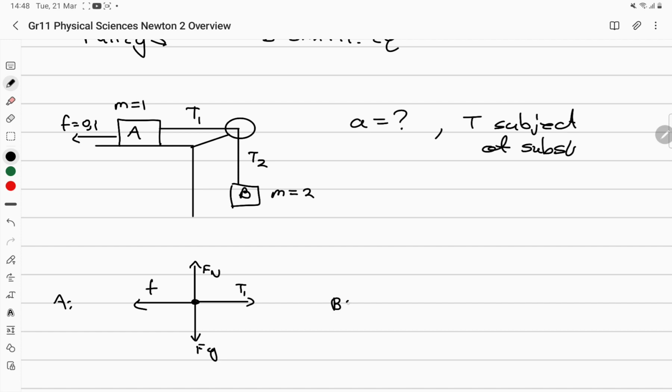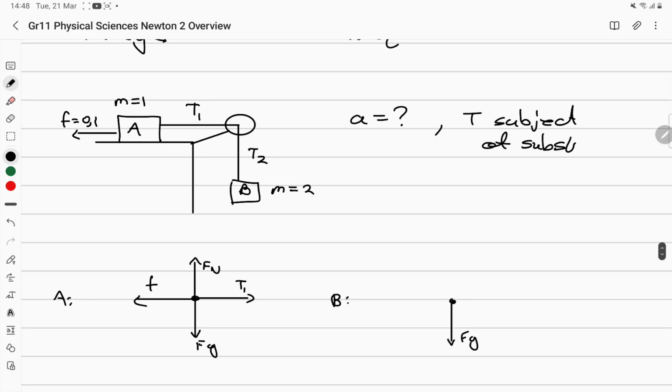For B, it is in the air, so it has a weight, anything with mass has weight. And does it have a normal? No, because it's not on a surface. But it has a tension pulling up, so it'll be T2.